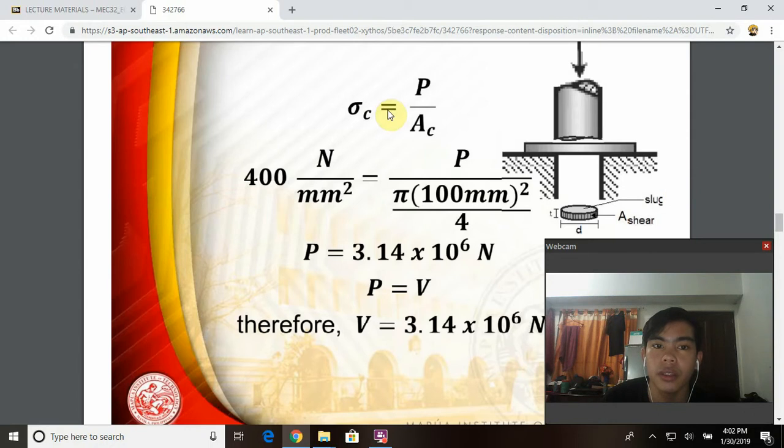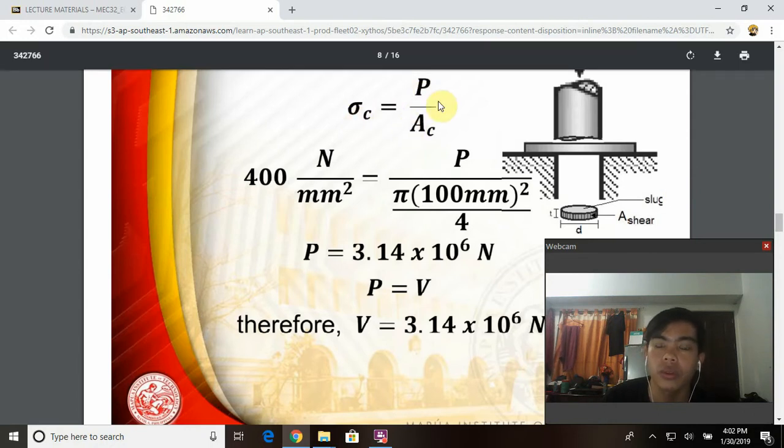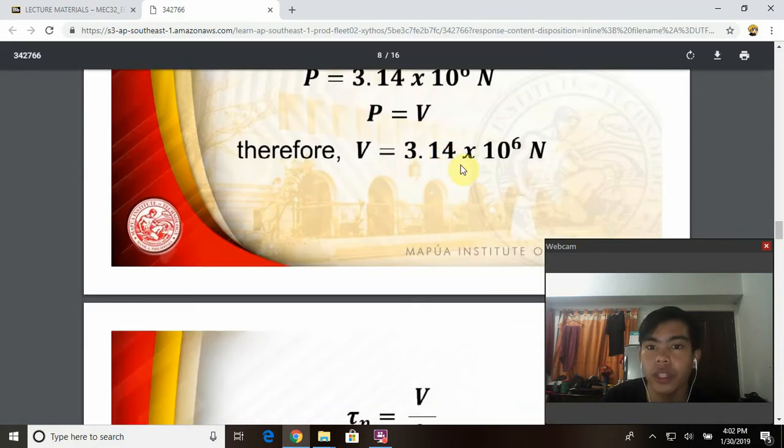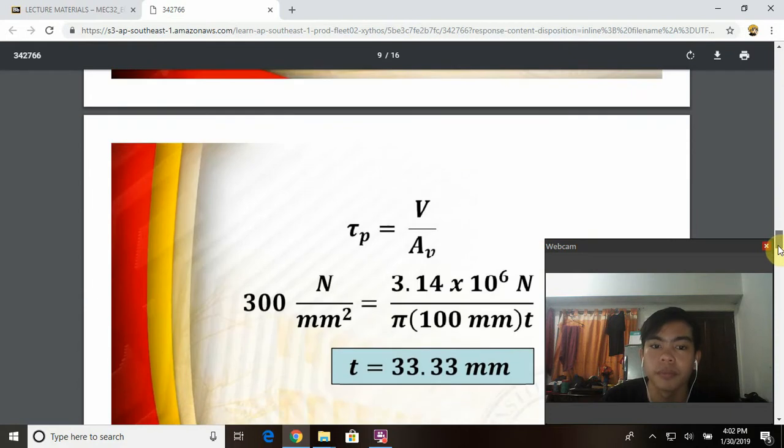The compressive stress equals force over area, and the given 400 Newton per millimeter squared is equal to P over pi dt, and you will get P, which is equal to 3.14 times 10 to the 6 Newton, which is also equal to the shear force. Therefore, shear force equals 3.14 times 10 to the 6 Newton as well.